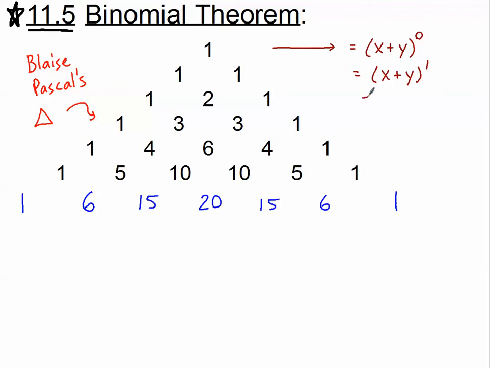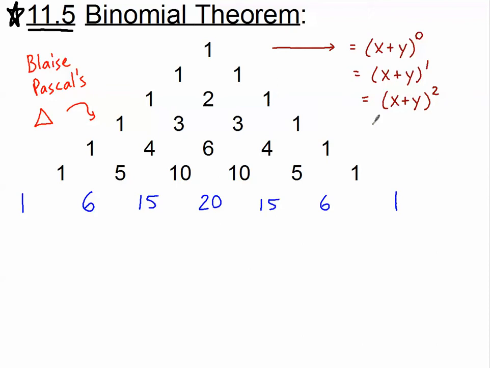The next row is the expansion, at least the coefficients, for x plus y quantity squared. If you multiplied x plus y times another x plus y, you would get x squared plus 2xy plus y squared, or rather the coefficients 1 x squared, 2 xy, 1 y squared.